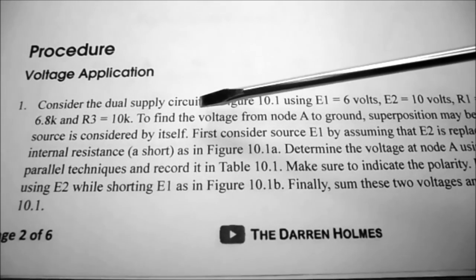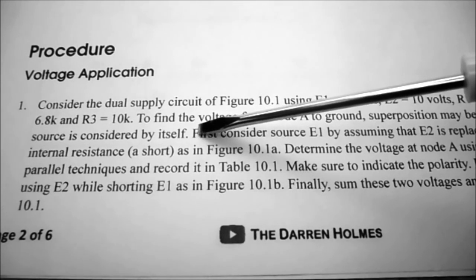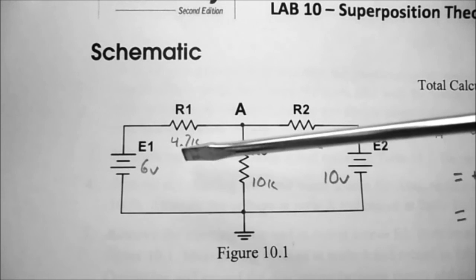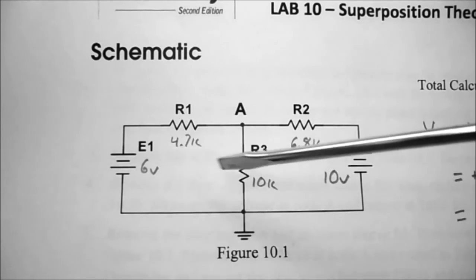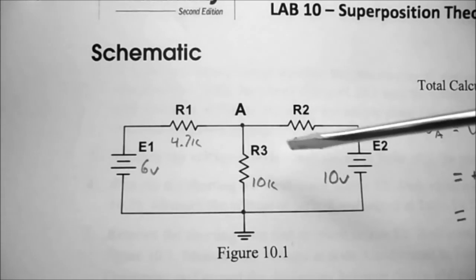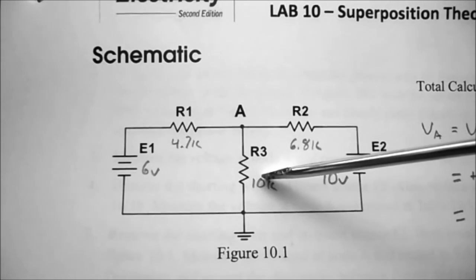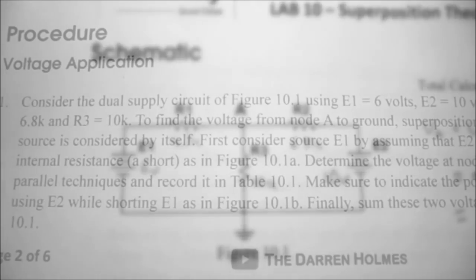Each source is considered by itself. This is figure 10.1, and I've filled in the 6 volt supply, the 10 volt supply, and the 4.7 K, 6.8 K, and 10 K ohm resistors.